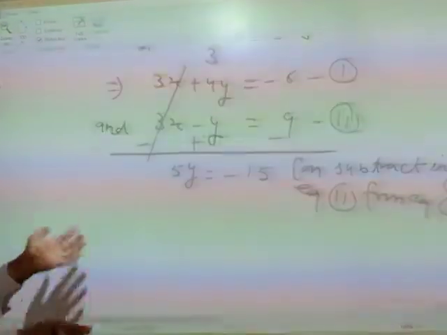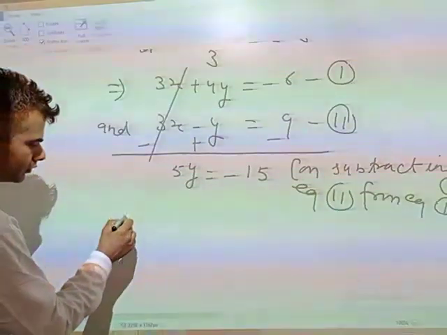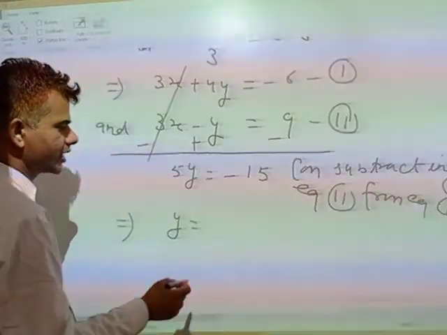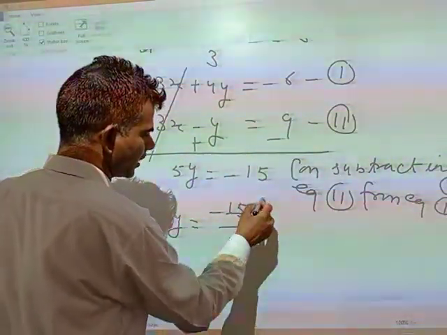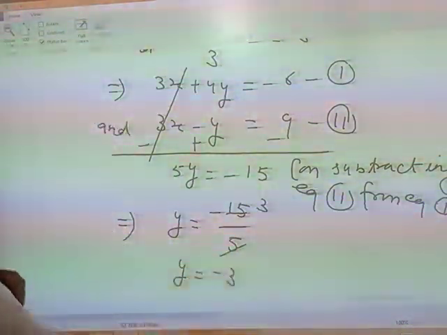Now student, we have to find out the value of y. To find the value of y, that is minus 15 by 5. 5 3s are 15. Y is equal to minus 3.